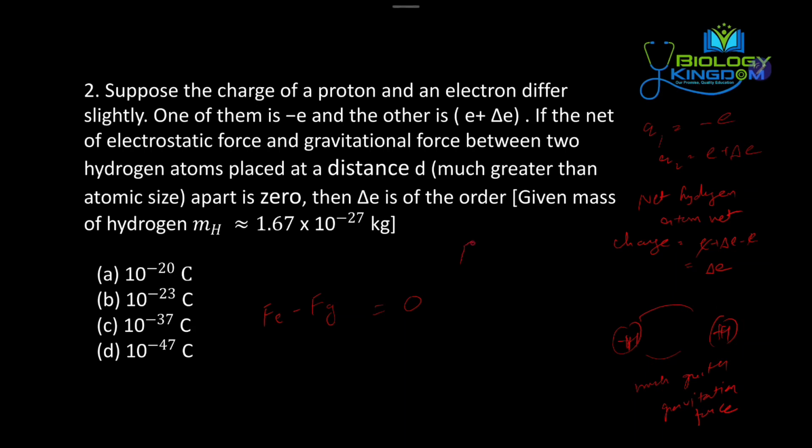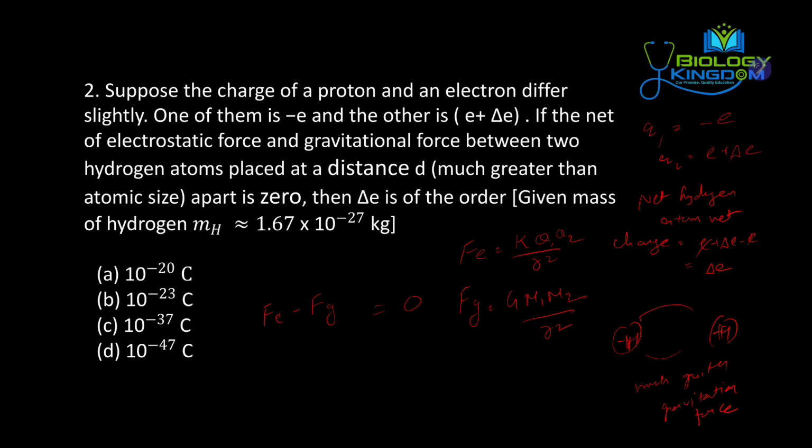Now we know that the electrostatic force is given by k q1 q2 upon r square, and the gravitational force is given by G m1 m2 upon r square. Here r square is the distance, m1 m2 are the masses, and q1 q2 are the charges.